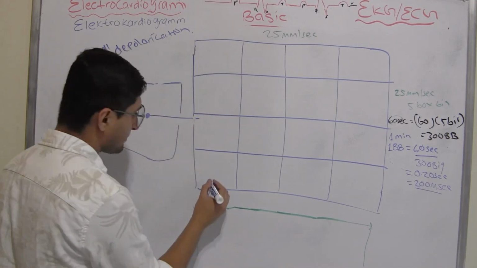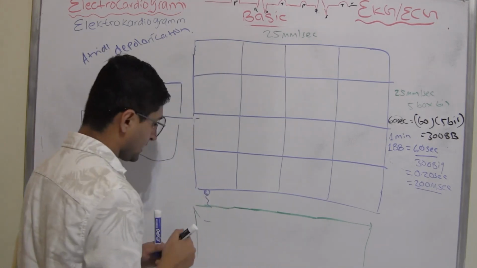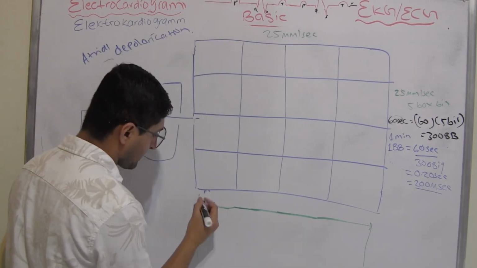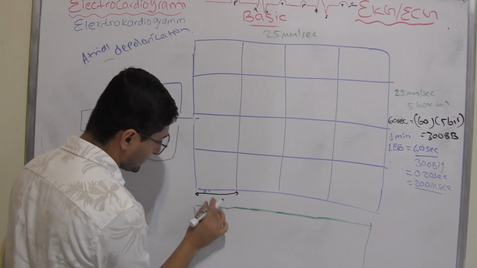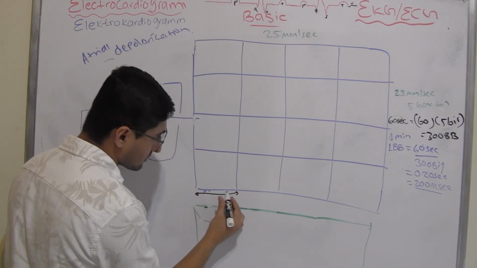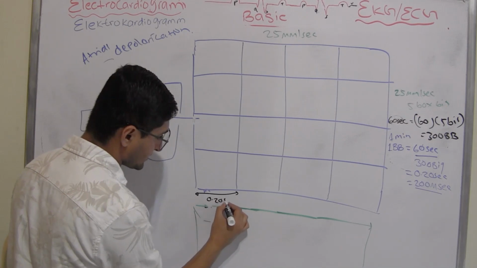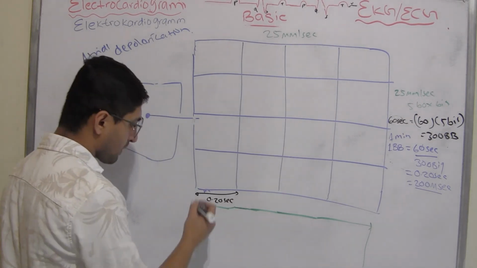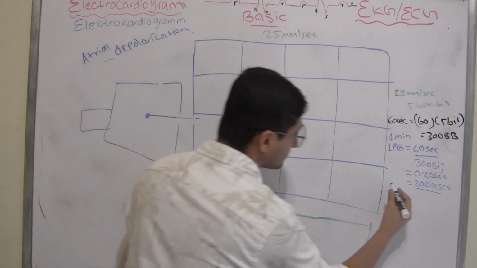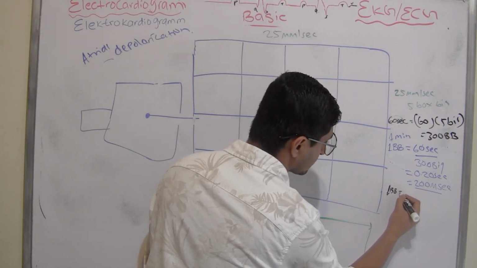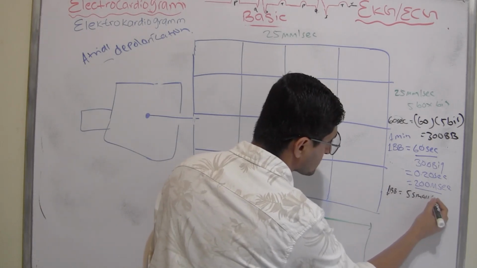So that means one big box is 200 milliseconds. Let me draw this big box and divide it more. This part right here is going to be 0.2 seconds.